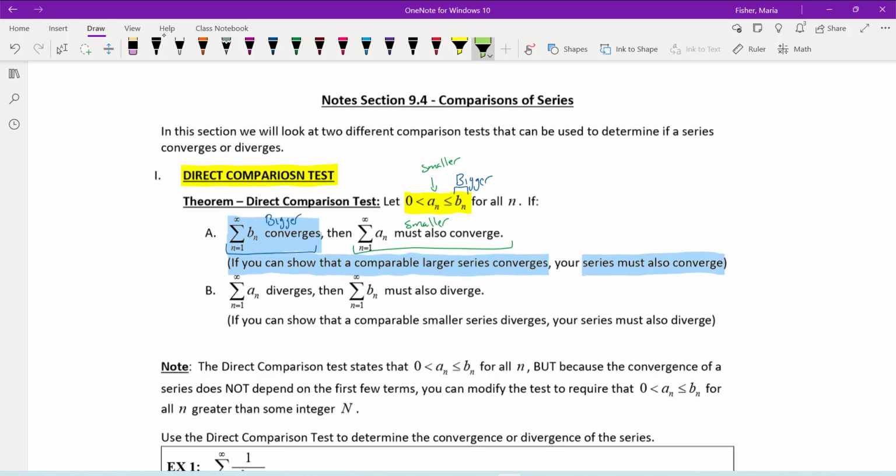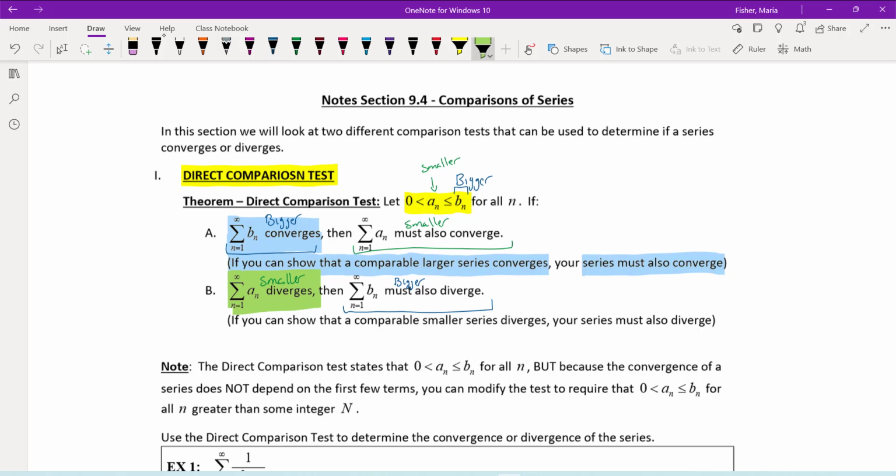Part B says, if the sum from n equal 1 to infinity of a sub n diverges, remember a sub n is your smaller series, then b sub n must also diverge. And b sub n, remember, is your bigger series. So what this is saying is that if the smaller series diverges, the bigger series will also diverge.